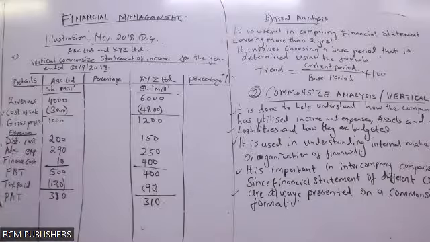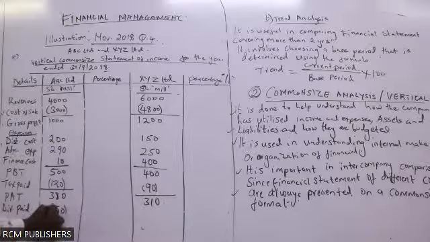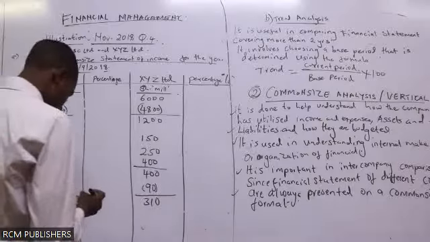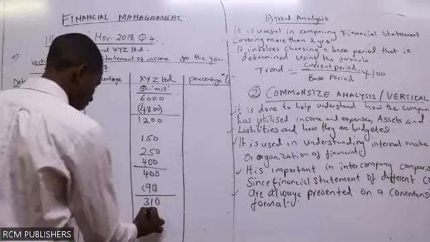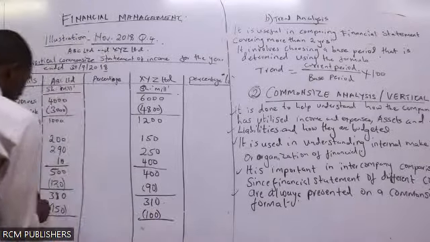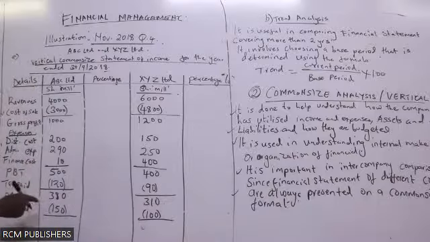Then we have dividend paid. They also paid dividend. The first company paid dividend of 150, and then the other one paid 100. So you can see overtaking. Now dividend is consuming much here.